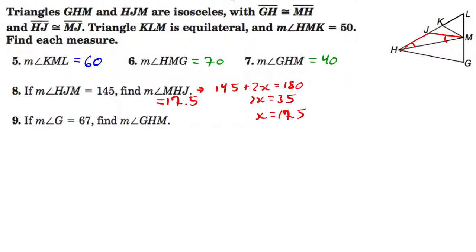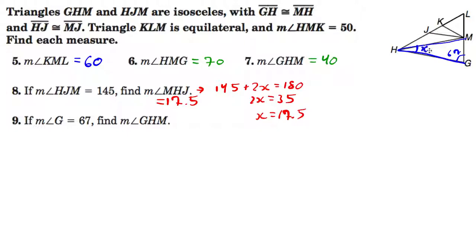Using similar logic, we can go through and look at the next problem, which says if angle G is 67 degrees, so that's 67, ignoring the previous work, we want to find GHM. Well, we know, yet again, this is an isosceles triangle.